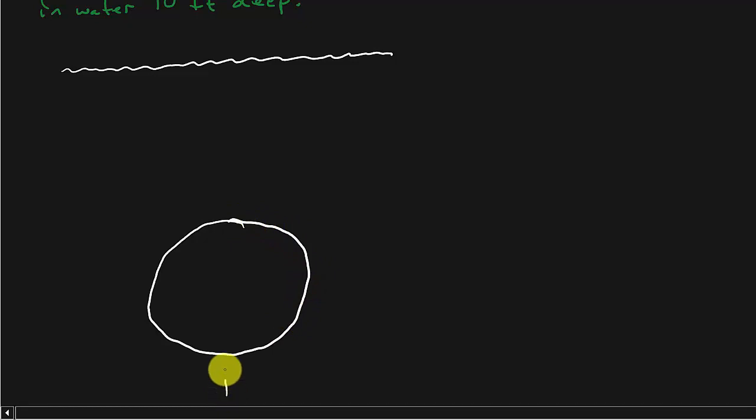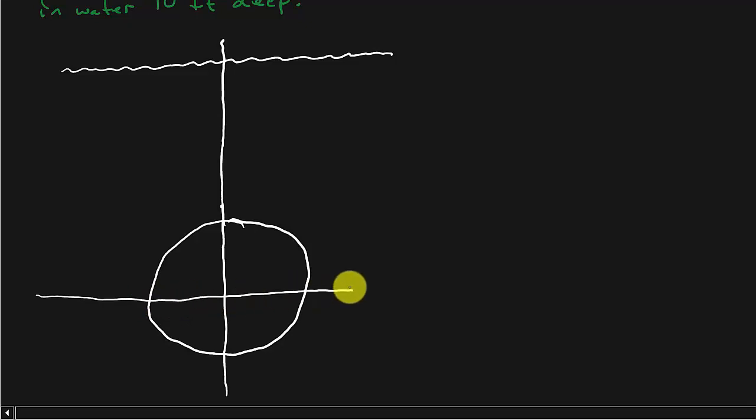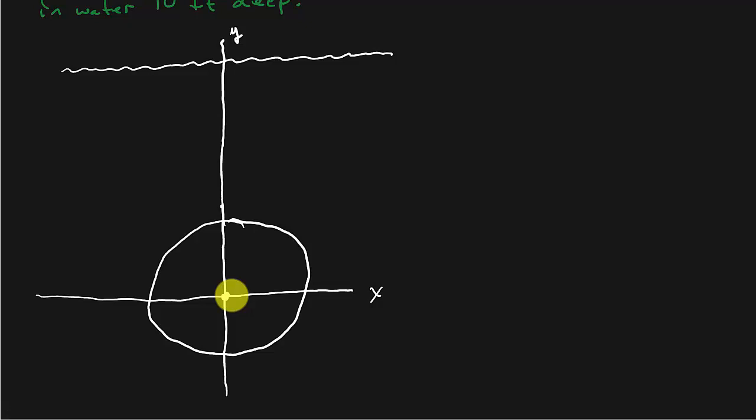What I'm going to do is draw this y-axis here. If you wanted to, you could call it the x-axis, but let's call this the y-axis. This is your x-axis. And I'm going to have the origin right here, because it makes the equation of the circle simpler.